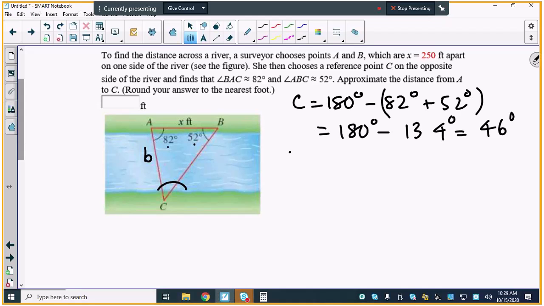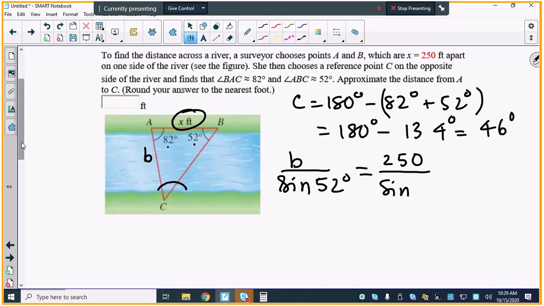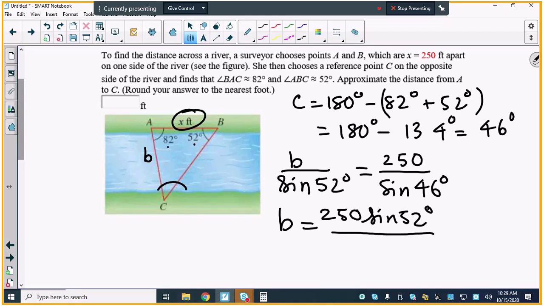Then use the sine rule. You want to know how much is the side b. So b over sine of B, which is 52 degrees, is equal to, the only side I know is side c, which is 250 feet, over sine of the opposite angle, which I just found as 46 degrees. Multiply sine 52 degrees on both sides, so b is 250 times sine of 52 degrees over sine of 46 degrees.